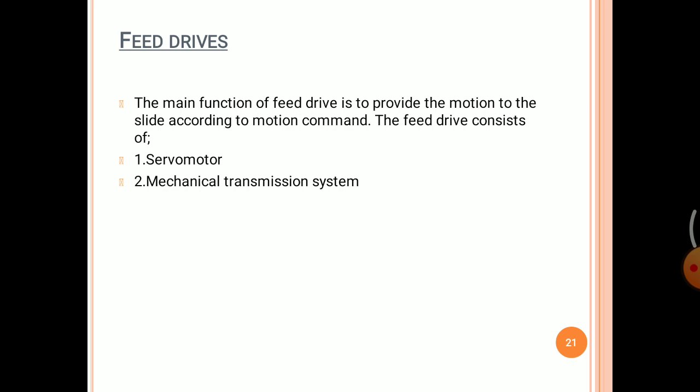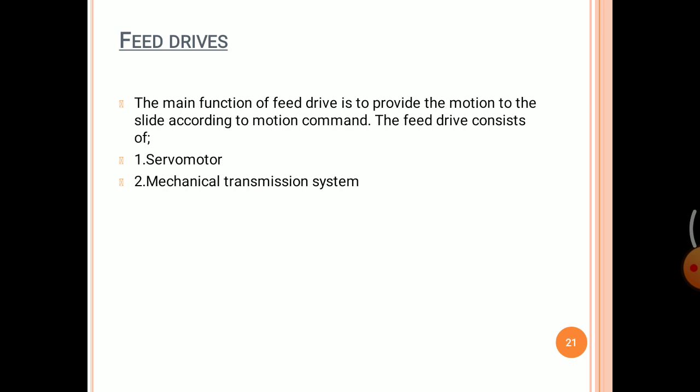Now, first of all, we should understand what a servo motor is and why servo motors are used in the feed drives. Servo motors are specially designed motors which are used in control applications and robots. They are used for their precise position and speed control at high torque.